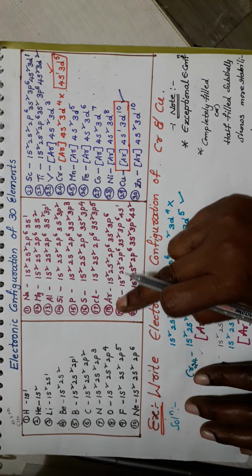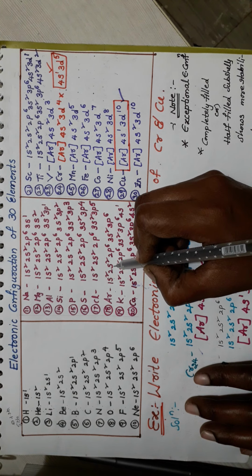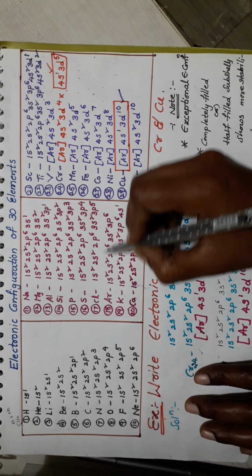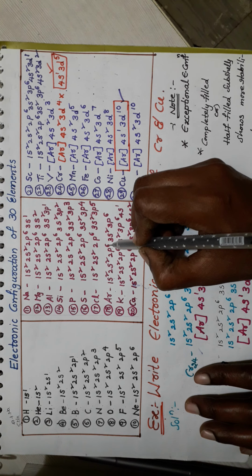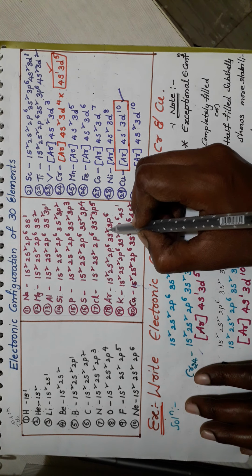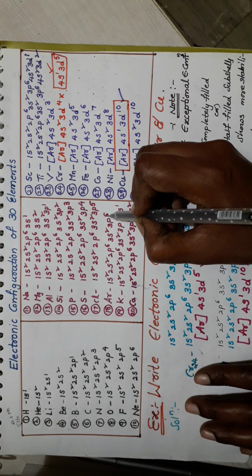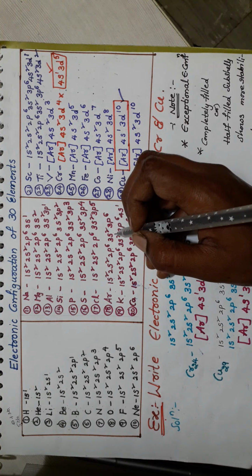So here, see argon: 1s2 2s2 2p6 3s2 3p6. Here 2 plus 2 is 4, 4 plus 6 is 10, 10 plus 2 is 12, 12 plus 6 is 18. So these are the inert gases.